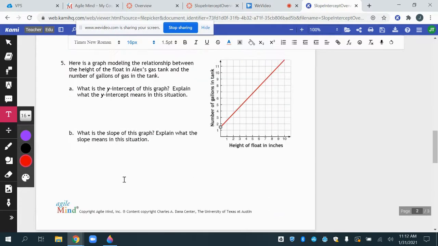Okay, here's a graph modeling a relationship: the height of the float in Alex's tank and the number of gallons of gas in the tank. Okay, so here it is. What's the y-intercept? The y-intercept is right here. It's 1.5.